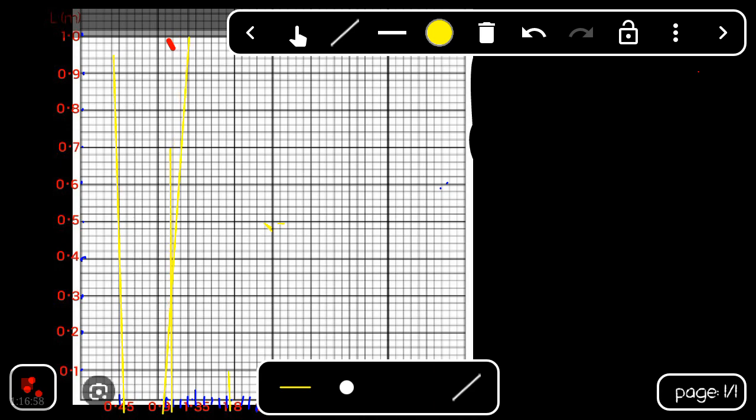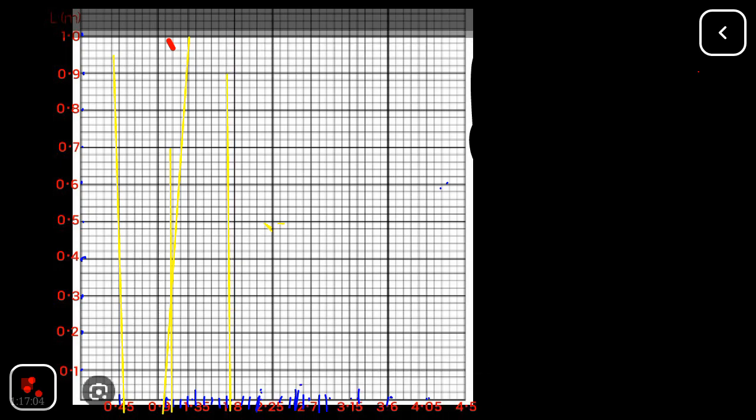Where the other points, this one also, this is actually bending, this for this one, this for this one, this for this one, and this for this one, right?